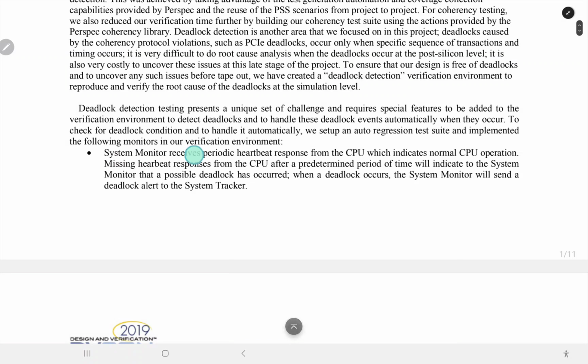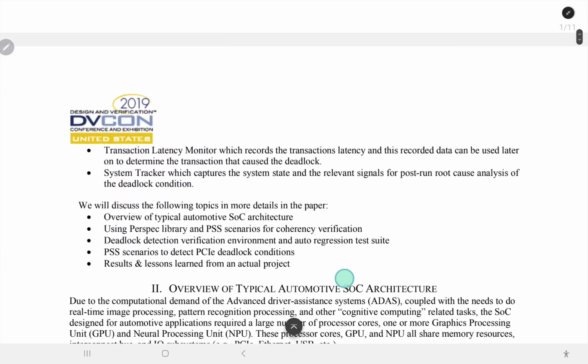The system monitor periodically receives heartbeat responses from a CPU, which indicate normal CPU operation. Missing heartbeat responses from a CPU after a predetermined period of time indicate to the system monitor that a possible deadlock has occurred. When a deadlock occurs, the system monitor sends a deadlock alert to the system tracker.